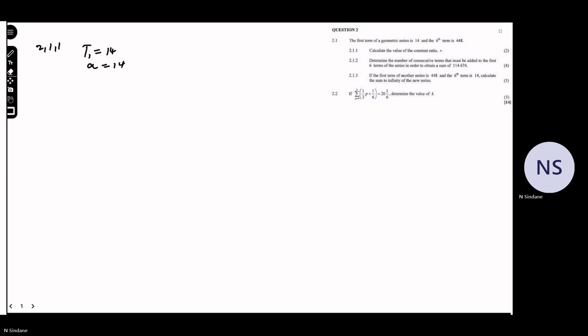Term number 6 of this series, T6, is equal to 448, right, for this series. So the first question is: calculate the value of the constant ratio R. They want to know what is the value of R.